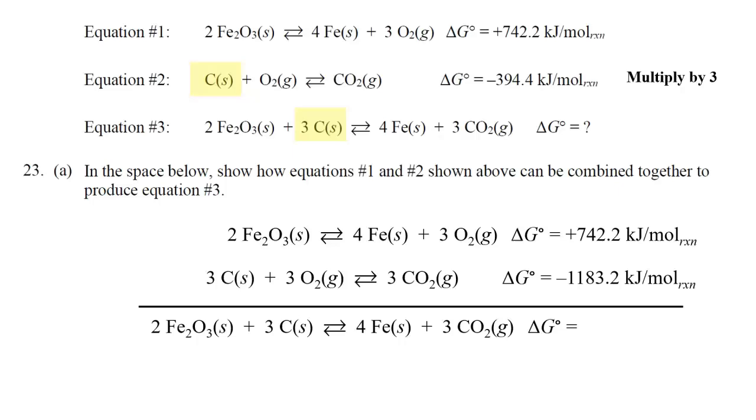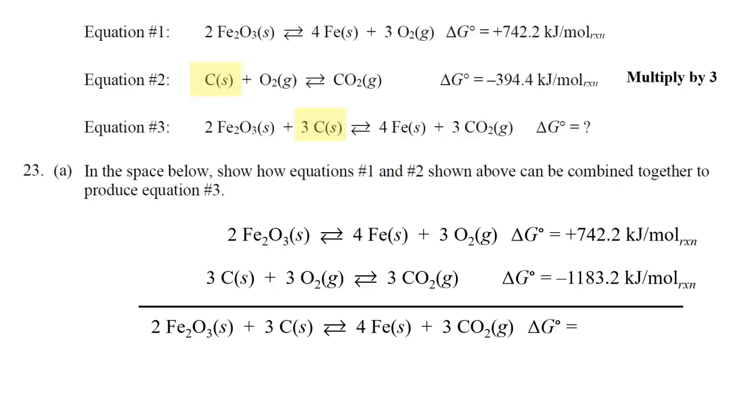So now I have coefficients of 3, 3, and 3, and then look at my delta G value. It was negative 394.4 kilojoules per mole of reaction, but when I multiplied that value by 3, I got negative 1,183.2 kilojoules per mole of reaction.